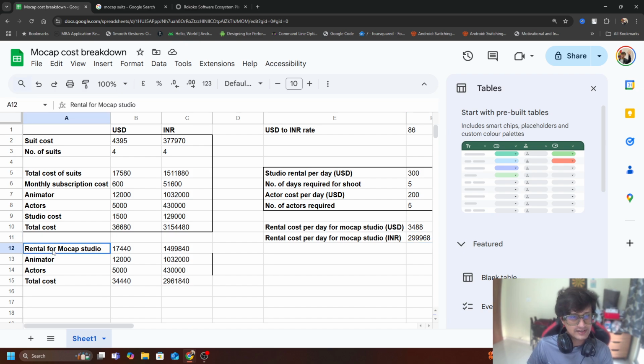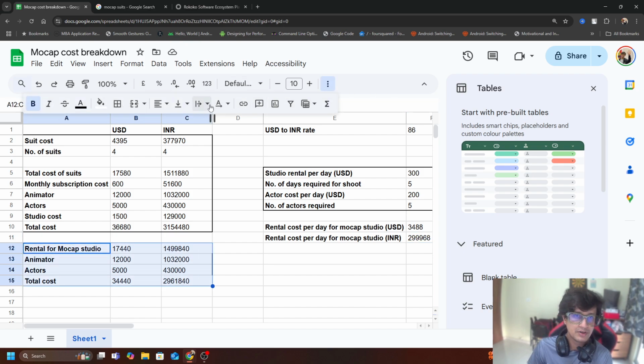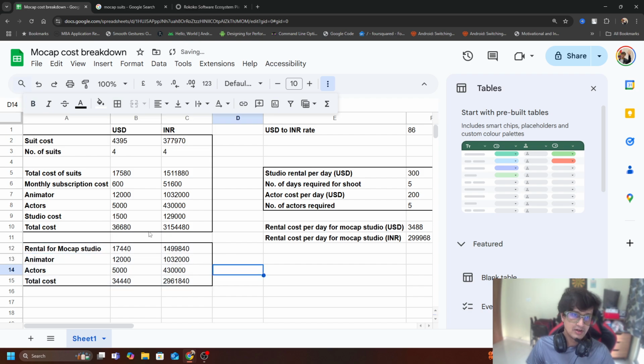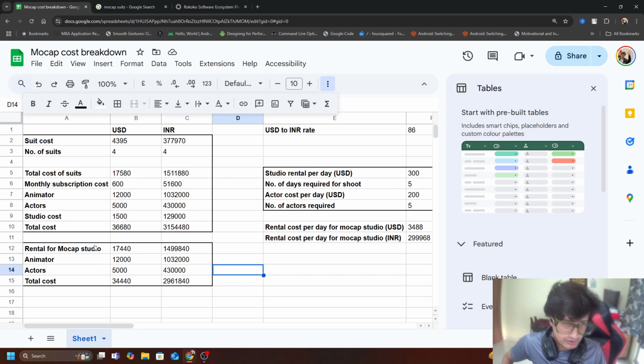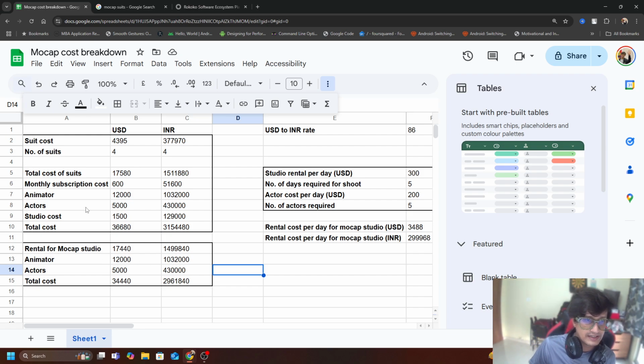All right, so as you can see, renting a studio becomes more commercially viable for you to do your motion capture, because when you are going ahead for getting your motion capture done, you not just need that suit, but you need that expertise. And the studios that are doing this professionally, they have been doing this for ages, so they know all the nuances of getting motion capture done.